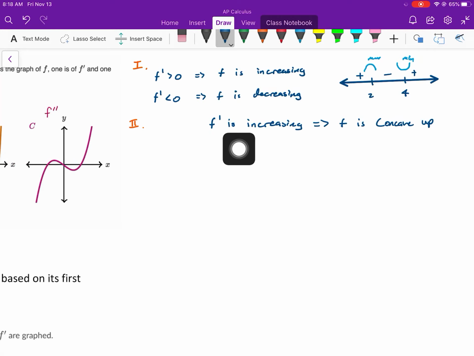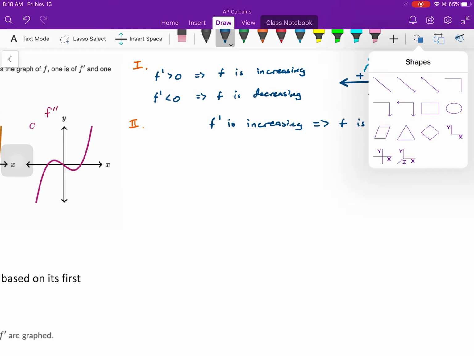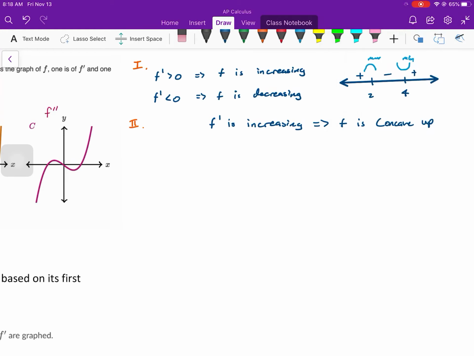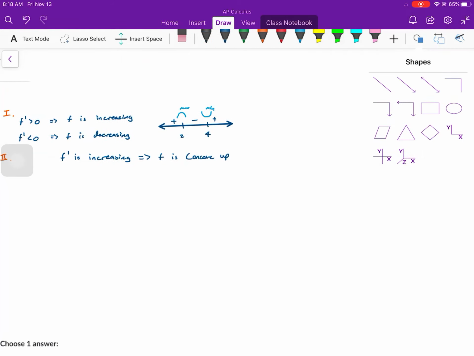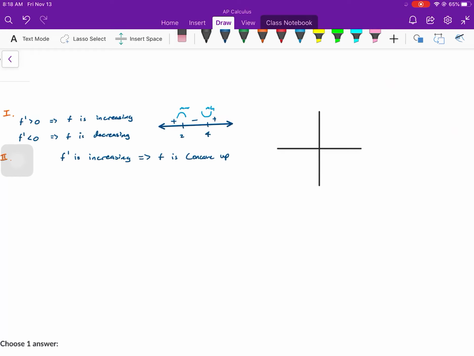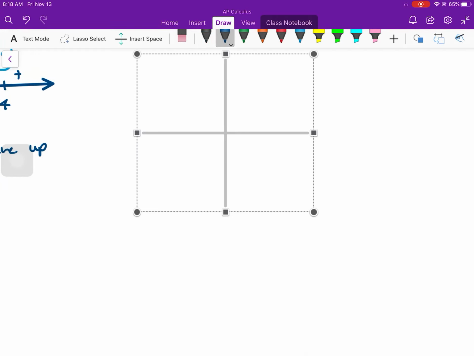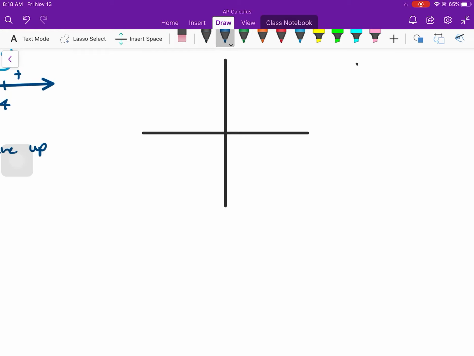F prime is positive and f prime is increasing are two different things. F prime being positive just simply means if you plug something into the function, you get a positive number out of it. That's what it means. Let's just say this is the graph of f prime. It's just a horizontal line. This is the x-axis.